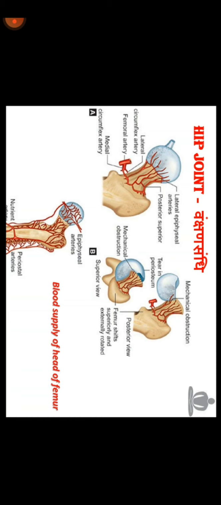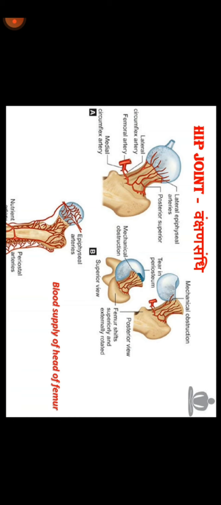So remember one thing: if medullary and retinacular vessels get cut off, then there are two necks. Main is the surgical neck, and above that there is the transcervical line. If it breaks, then it is difficult to recover.